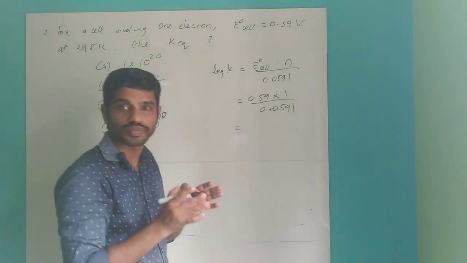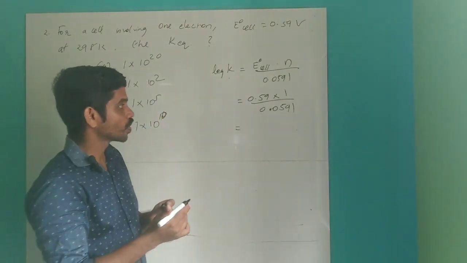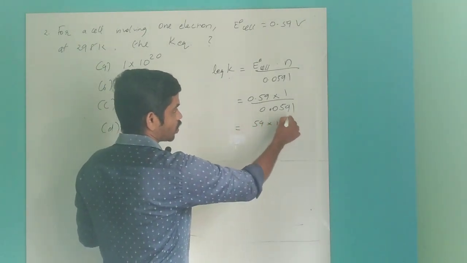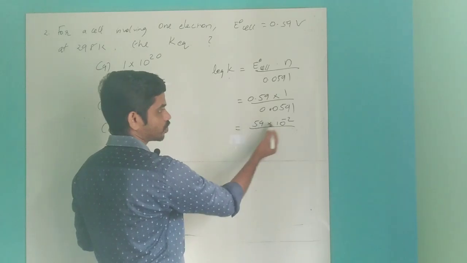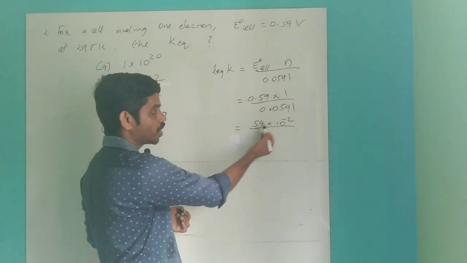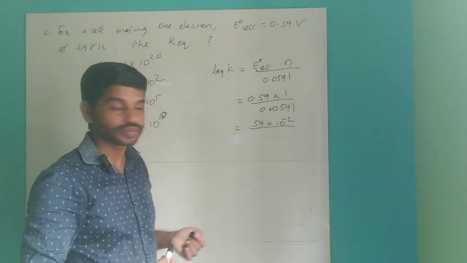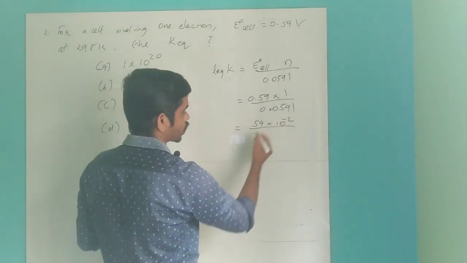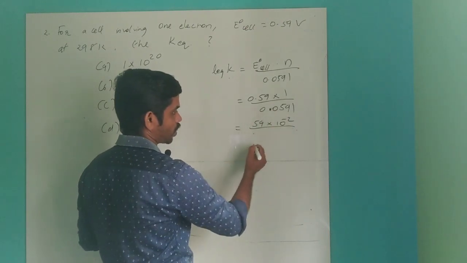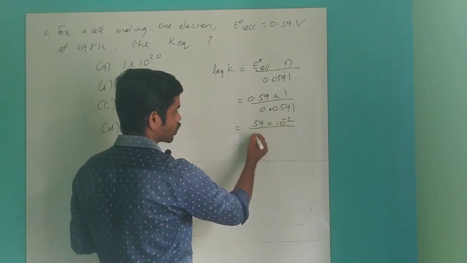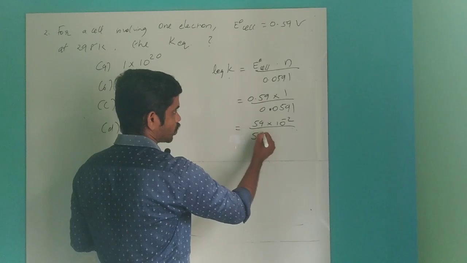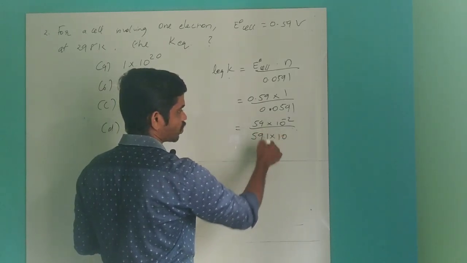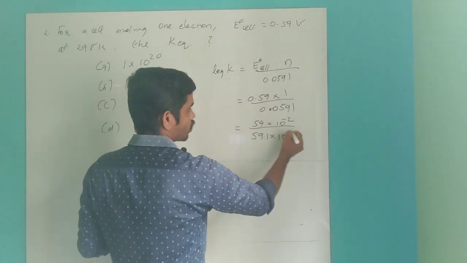If you have doubt, convert into decimals: 59 into 10 power minus 2 divided by 59 into 10 power minus 3.